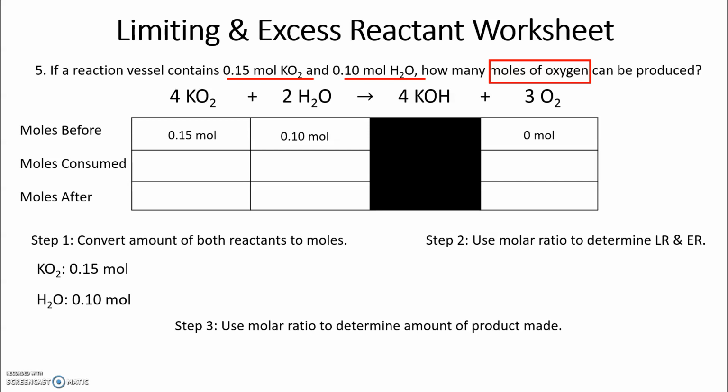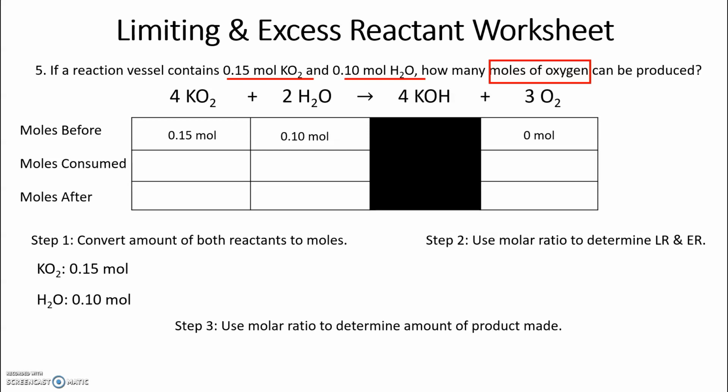So next, we need to determine which of our reactants is going to run out first. So remember, the limiting reactant always determines the maximum amount of product that can be produced. So before we can even look at converting to moles of oxygen, we first need to look at which reactant is going to run out first.